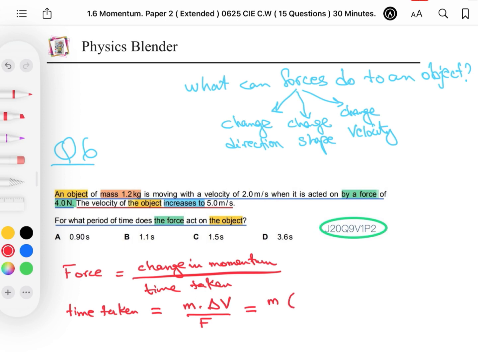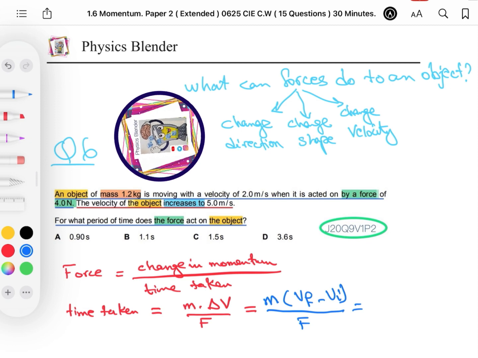Substitute delta v, as we said earlier, we have v final, the final velocity, minus v initial, divided by force. So let's rewrite it. Okay, so m times v final minus v initial divided by F.